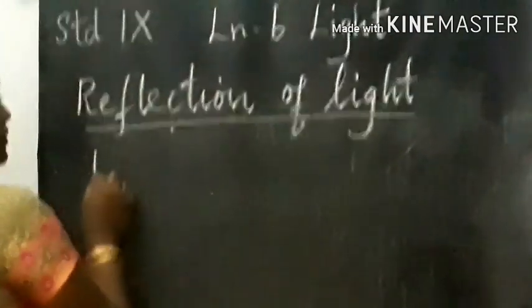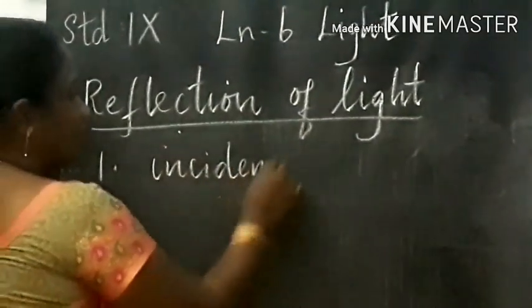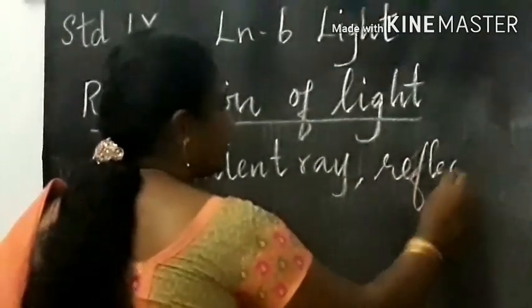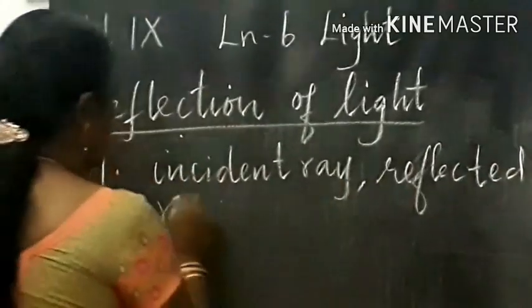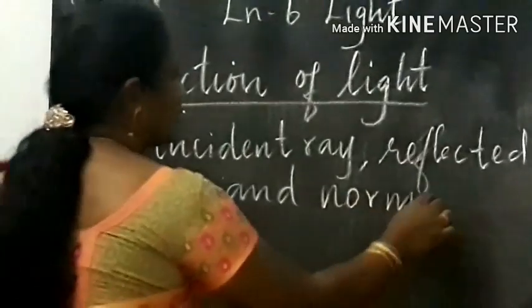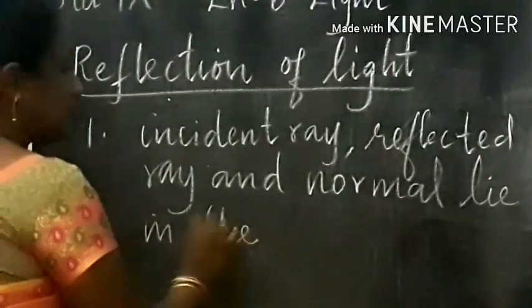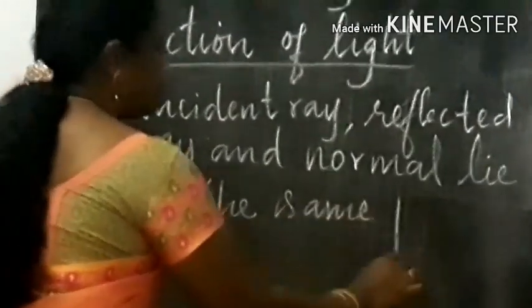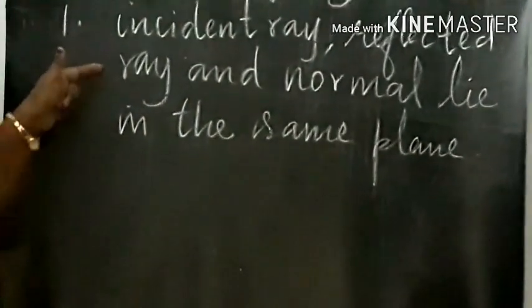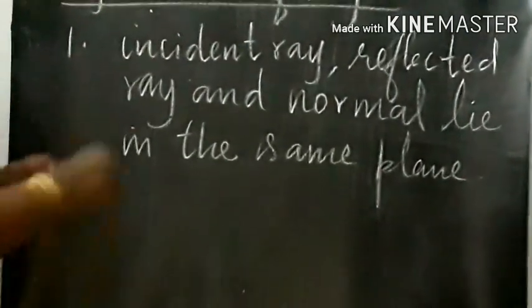The first law is: the incident ray, the reflected ray and the normal lie in the same plane. This is the first law of reflection.